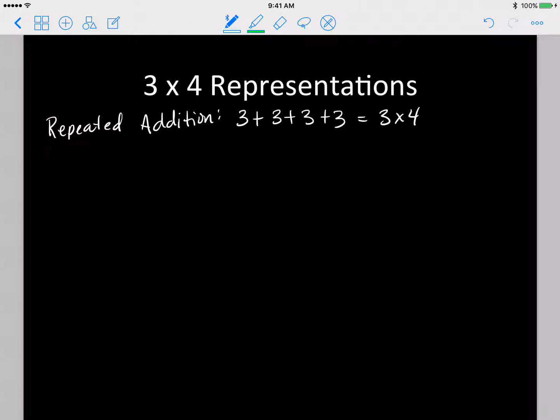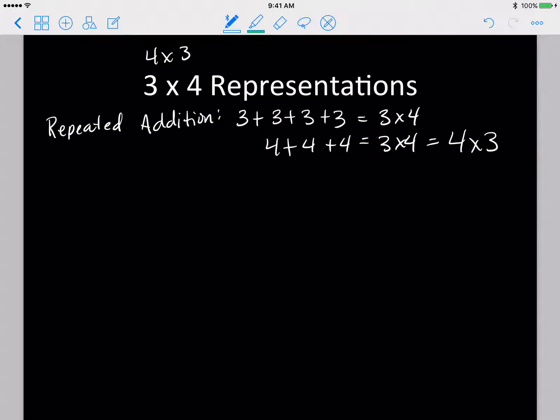Because of the commutative property, we also know that we could flip that. This could also be 4 times 3, right? And we could do 4 plus 4 plus 4, and that's also equal to 3 times 4, which is equal to 4 times 3. They're all equivalent. They all equal the same thing.